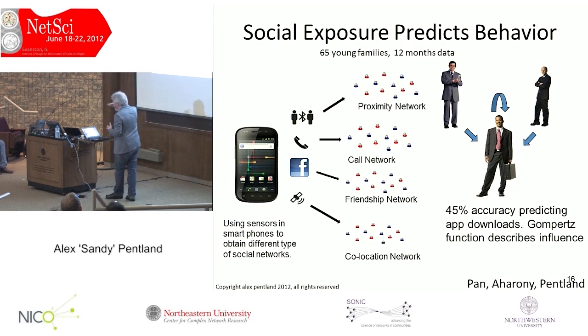He looked at the combination of all these networks to be able to predict people's behavior at downloading apps. If you combine the exposure across these different networks, principally the proximity and call networks, you can predict what apps people will download as a function of the people they're exposed to, and get an accuracy that's around 45%, which doesn't sound so good, but you need to remember there are a lot of different apps, right?